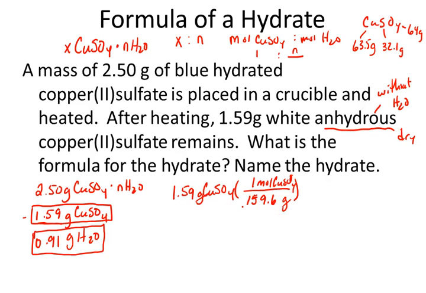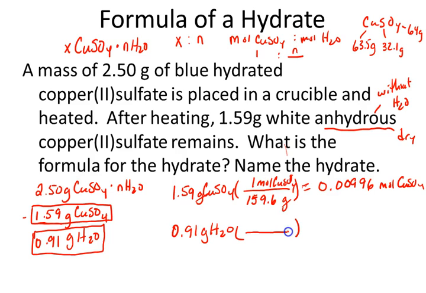So that's 1.59 divided by 159.6. That gives 0.00996 moles CuSO4.